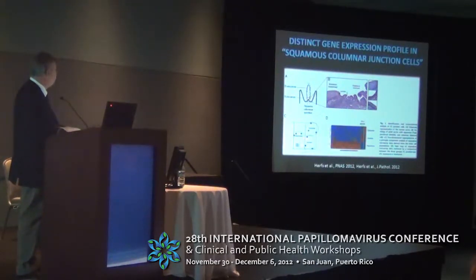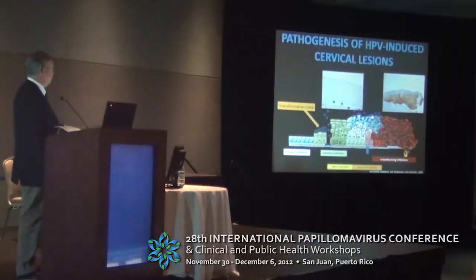So the biology of these cells, at least based on the gene expression profile, is different from a normal squamous epithelium or the glandular cells, suggesting that there are some secrets that are important for the biology of these HPV infections.